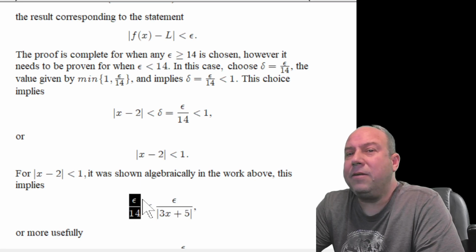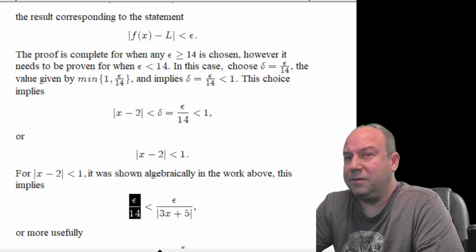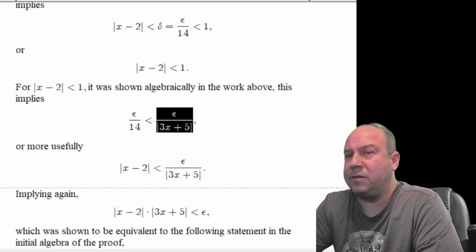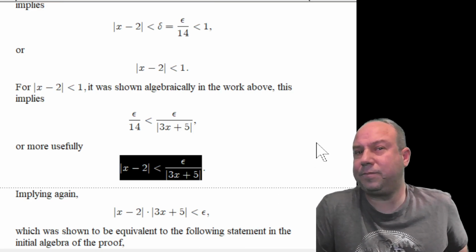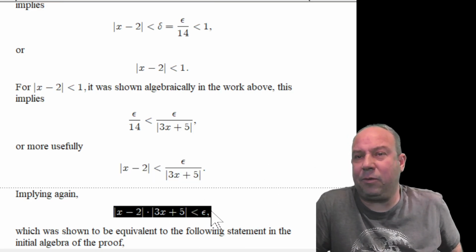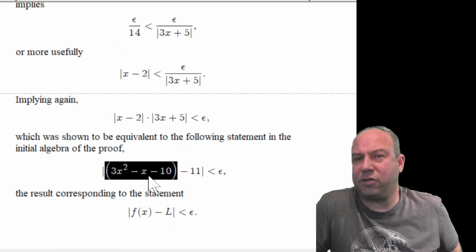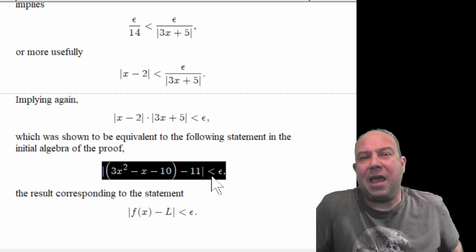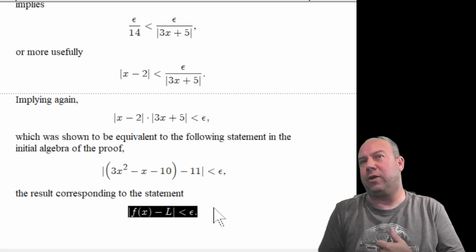If we think about going back to this choice here, we're able to say that must be also less than epsilon over the absolute value of 3x plus 5, and gives us this result here. Again, implying that we can write that statement as this seen here, which we've shown with the algebra above can be expressed as this statement here. And thus, we can say this in that case of our choice.